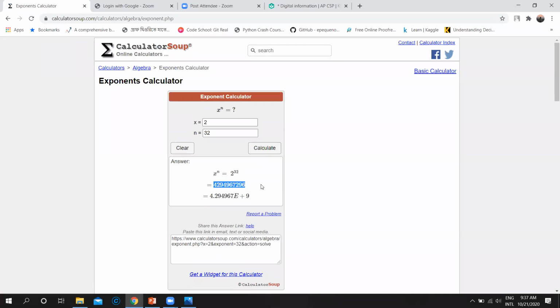In ASCII we can store only 128 numbers, but in Unicode we can store maybe 4 billion alphabets, numbers, characters, all of the things. So I hope you got it.